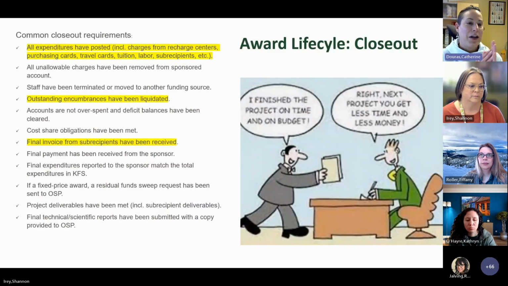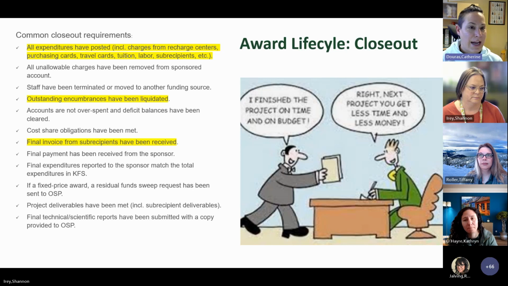This is just an overarching list. I'm not going to read them. You all will have copies, but these are some things that we always need to make sure of, and that our FRAs are going through this checklist and making sure. Checking that encumbrances have been liquidated, removed from that account.